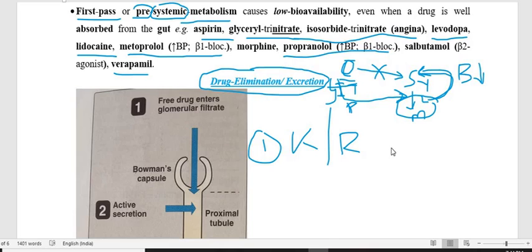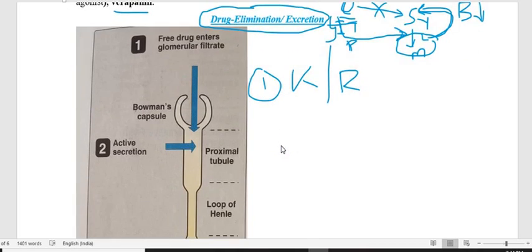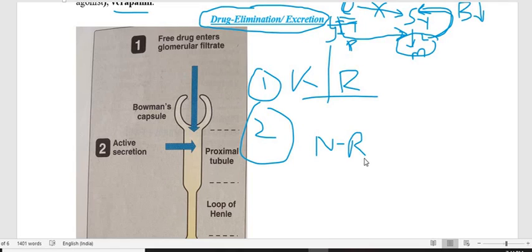It is called excretion through the renal route, that is the kidney, or the non-renal route, that is other than the kidney. So how will this excretion occur? One is the renal route, the kidney, and the other is the non-renal route. We are going to discuss the non-renal and renal routes in detail.